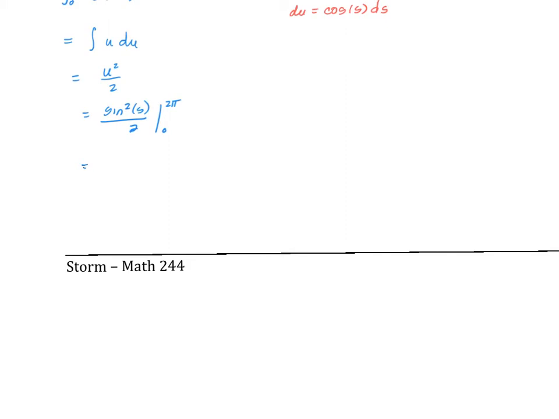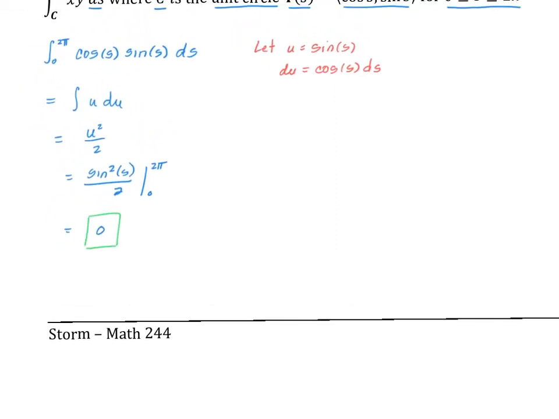You can though. So notice that sine squared of 2 pi is 0. Sine squared of 0 is 0. So this is simply 0 minus 0, or 0. So remember, I said that this line integral can be equal to 0. Now also notice that if I did decide to change my limits of integration as well, my u value for the upper limit would be sine of 2 pi, which gives a u value of 0.